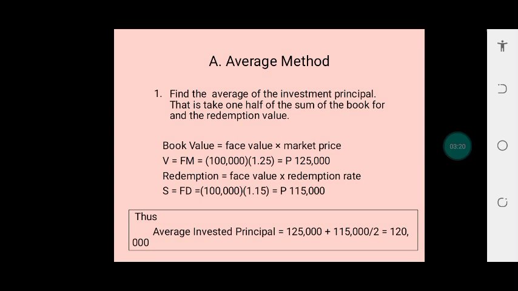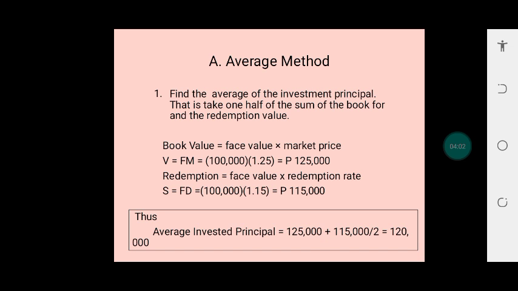The average method is to find the average of the investment principal, taking one half of the sum of the book value and the redemption value. The book value V is equal to F times M, the face value times the market price. Substituting 100,000 times 1.25 gives 125,000.